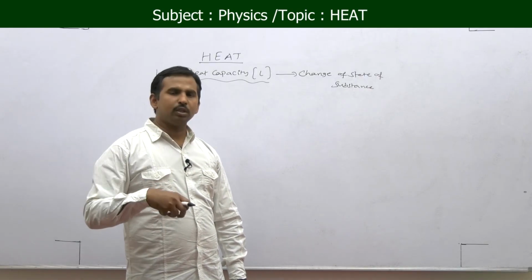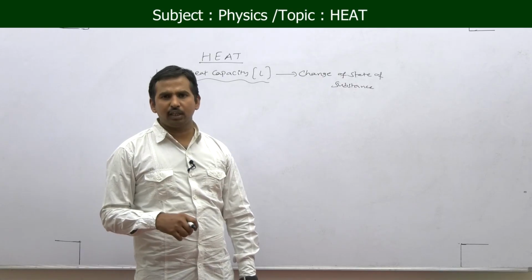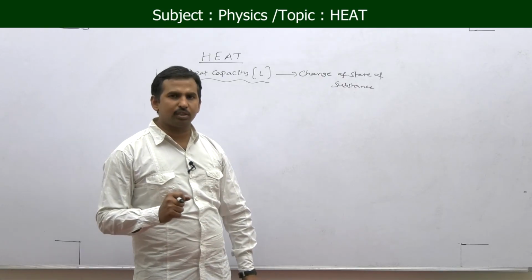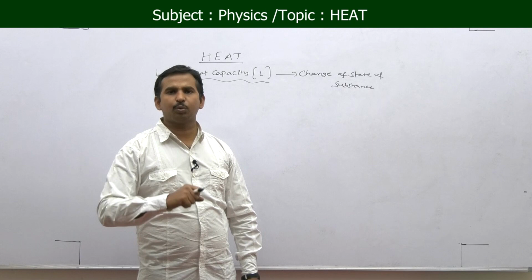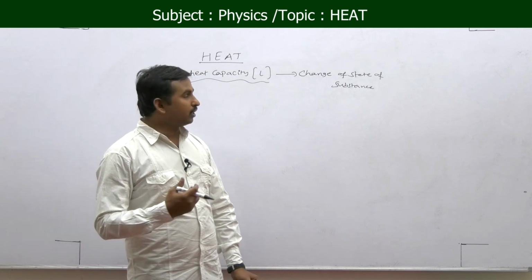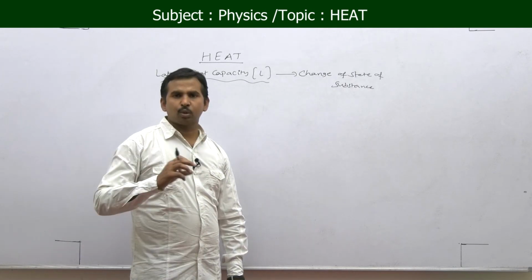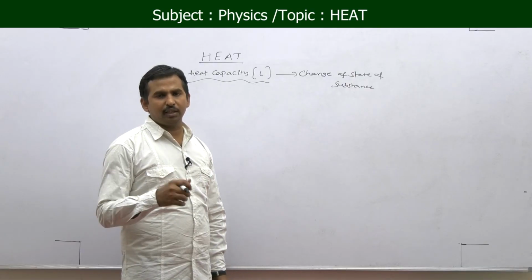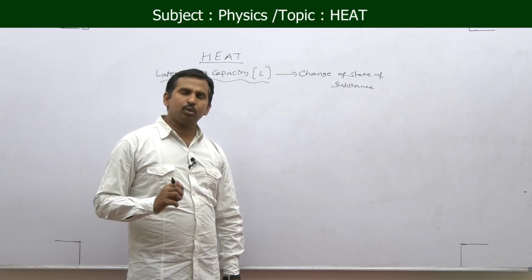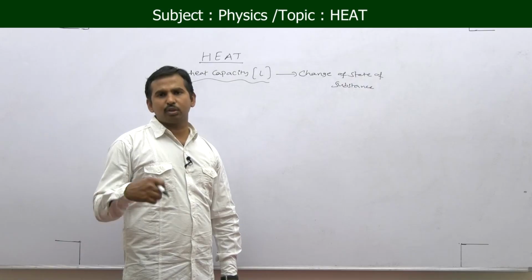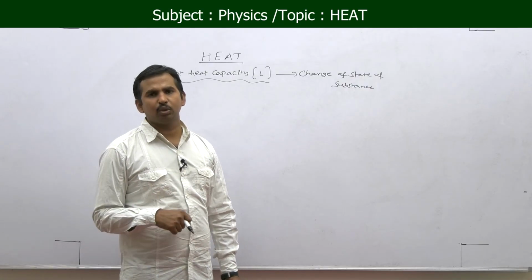In ice the molecules are very close to each other, and we have a fixed potential energy for that. But once you start heating, slowly the ice starts melting, which means the distance between the molecules is changing, so the potential energy also changes.